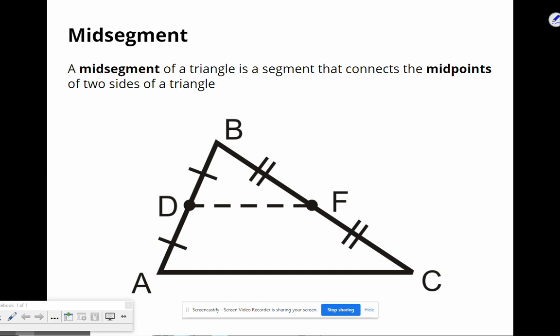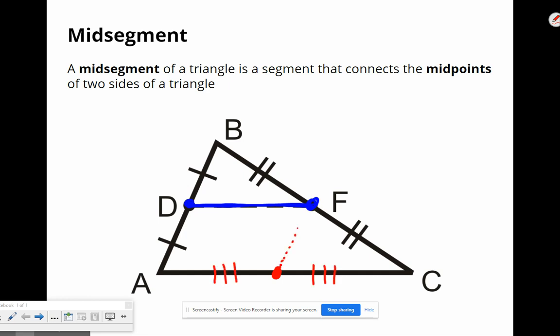So here we have midpoint D and we have midpoint F, and the midsegment is the segment that connects the two. This blue line that I'm highlighting is the midsegment, because it connects two of the midpoints. Technically, we have other midsegments in this triangle, because we could have the midpoint on this side.